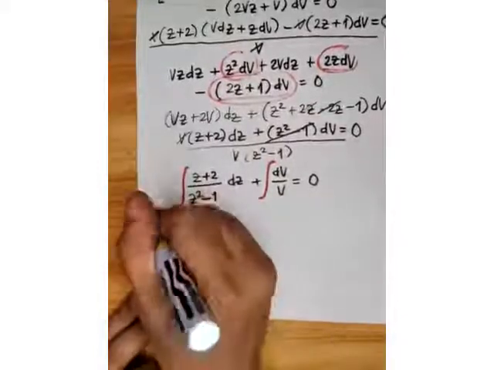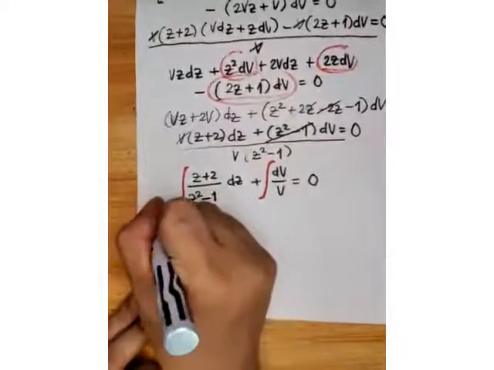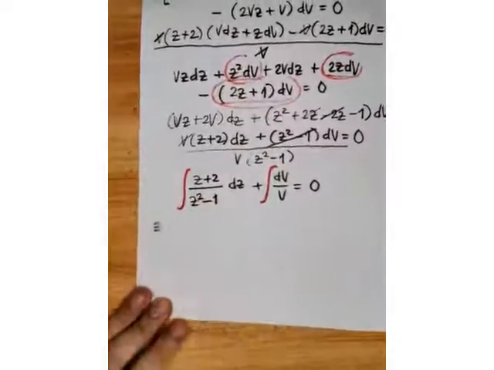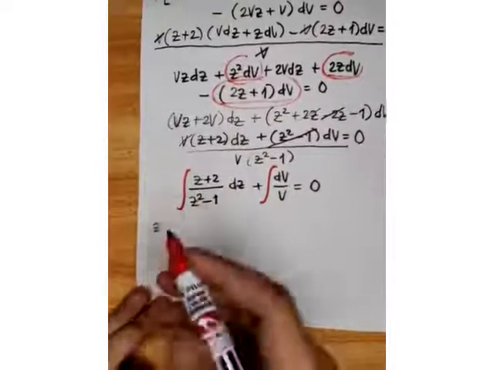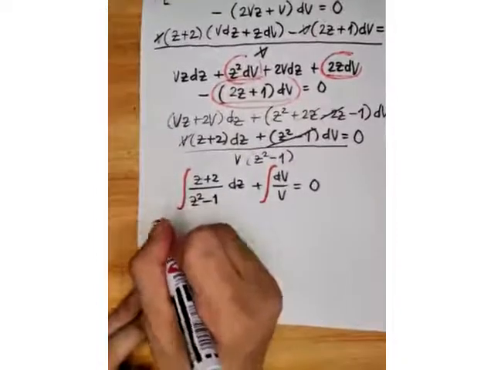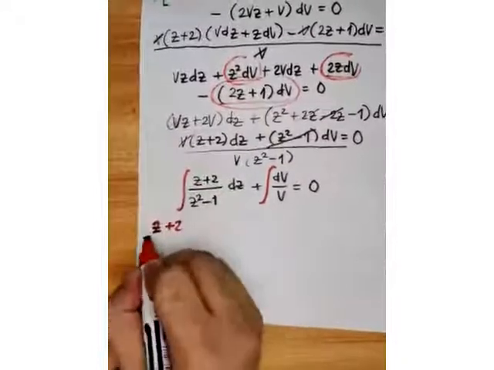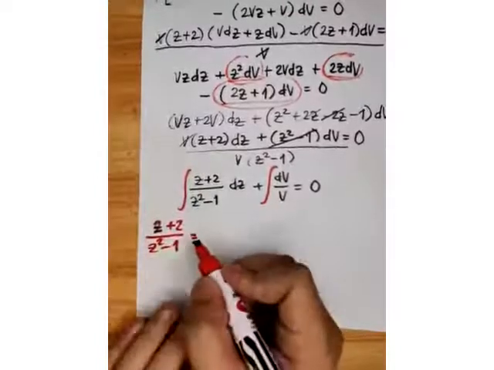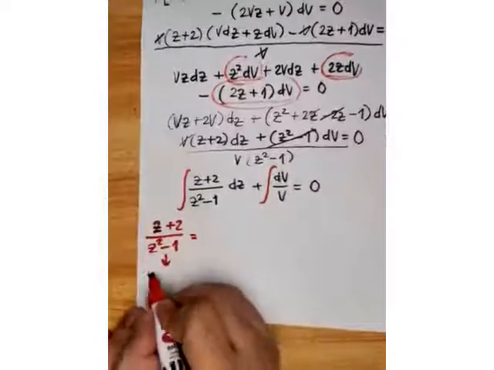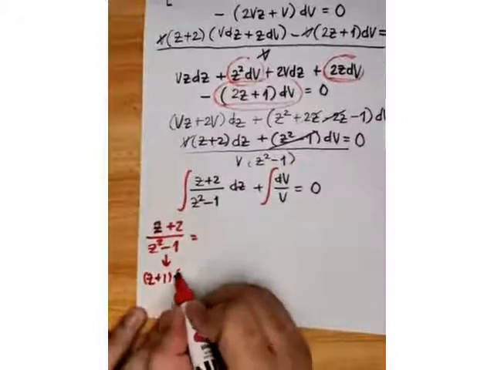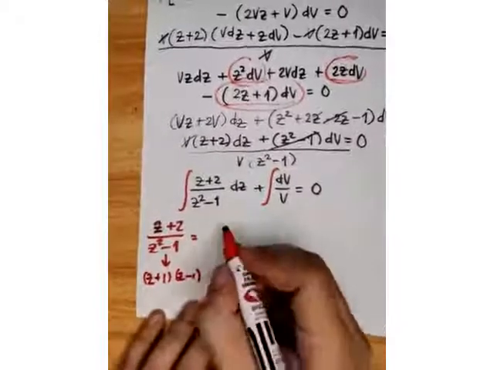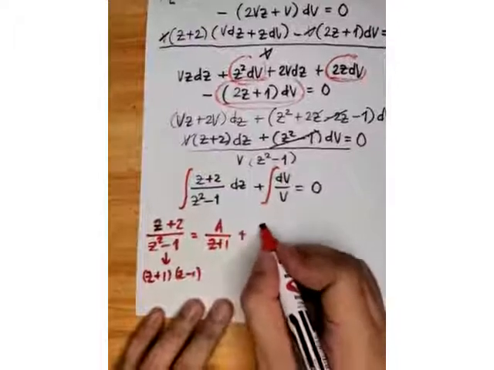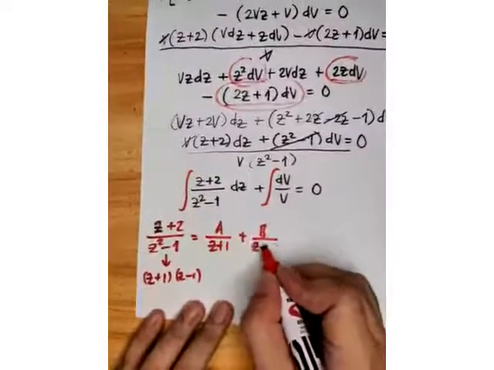Since factorable naman yun. So z plus 2 over z squared minus 1. So that's equal to, ito kasi ay factorable na z plus 1 and then z minus 1. So A over z plus 1 plus B over z minus 1.